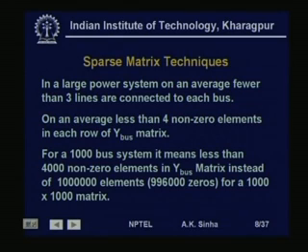That is, instead of 1,000,000 elements, we have only 4000 elements, that is the Y bus has almost 996,000 zeros present in it and only 4,000 non zeros for a 1000 by 1000 Y bus matrix.